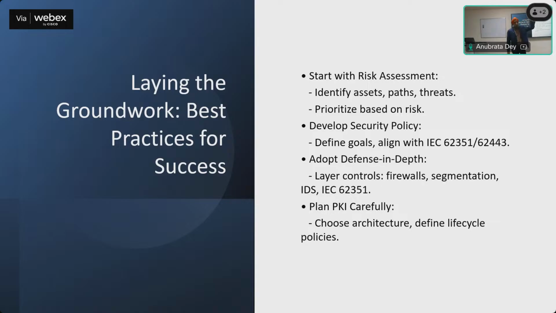You start with security level 0, which is basically minimal risk, all the way to security level 5, which is very high risk. Then you provide the security accordingly, right? So you identify the assets, you identify the paths, and you prioritize them based on the risk. And obviously develop the security policy.